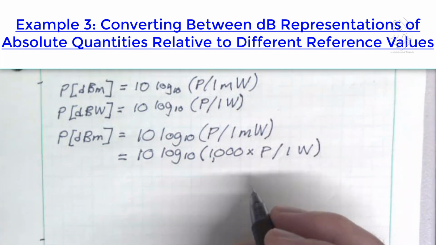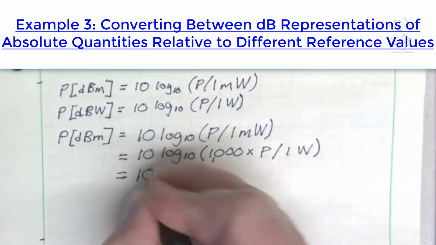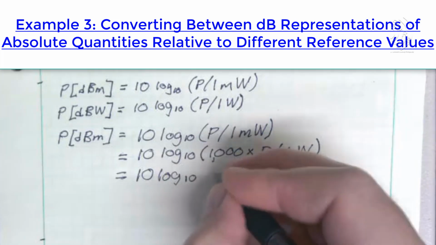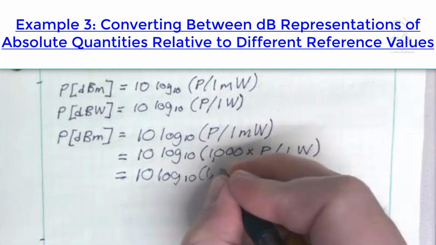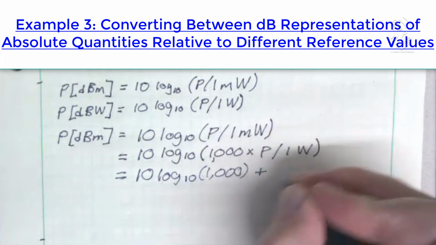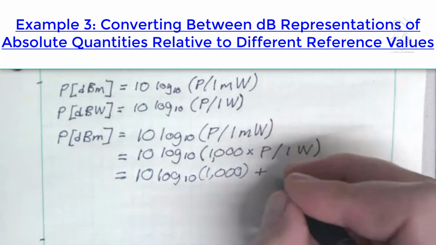And this can be rewritten as 10 log 10 of 1,000 plus, instead of multiplication here, we're going to have addition once we've converted to dB.